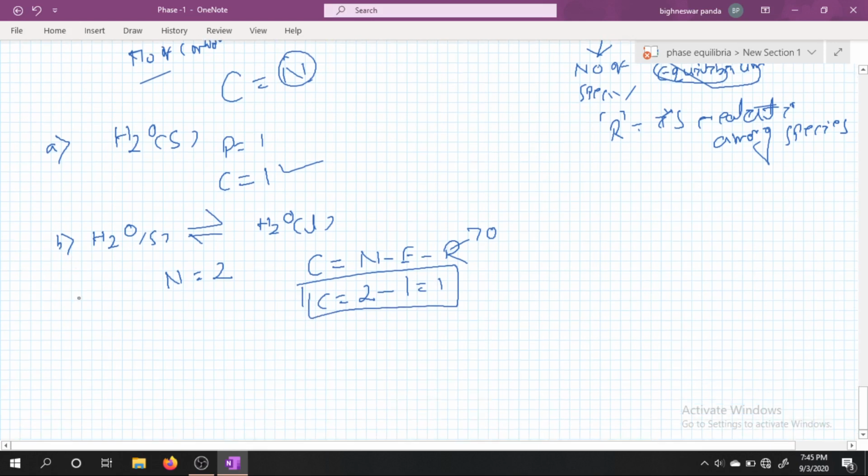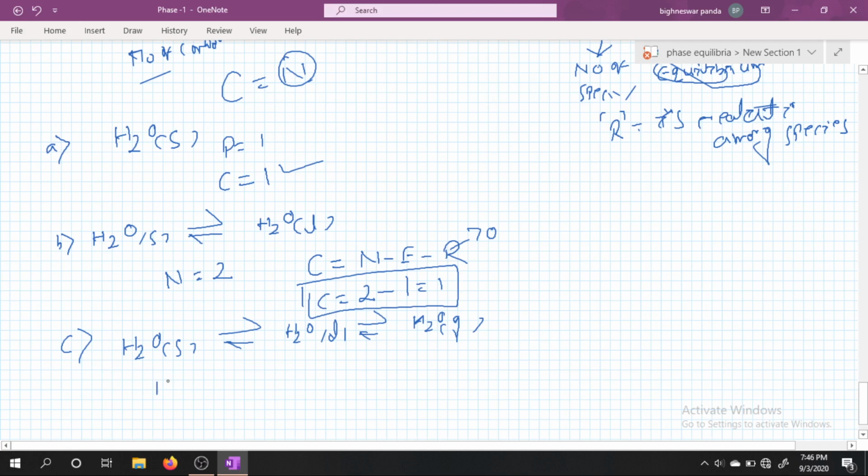I am doing as many problems to calculate the number of components so that you can easily understand what a component is and how it can be calculated. Just observe the problems. Another one: consider water solid in equilibrium with water liquid, that is also in equilibrium with water gas.